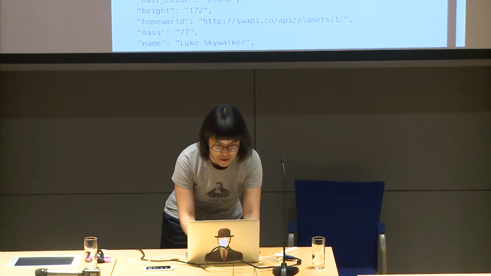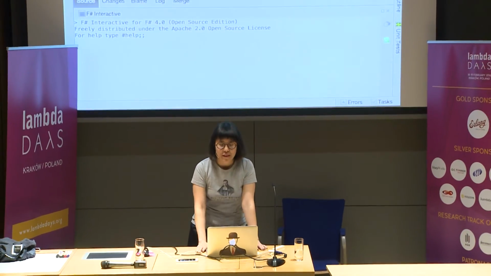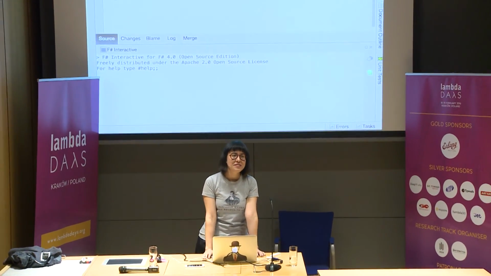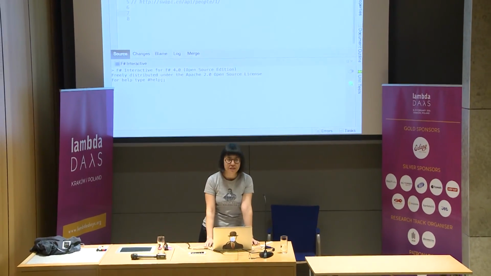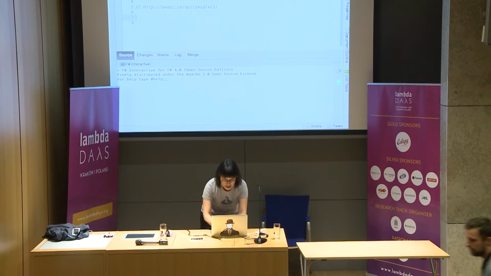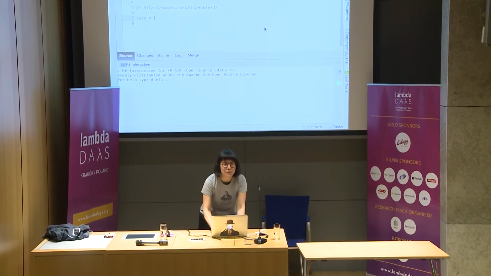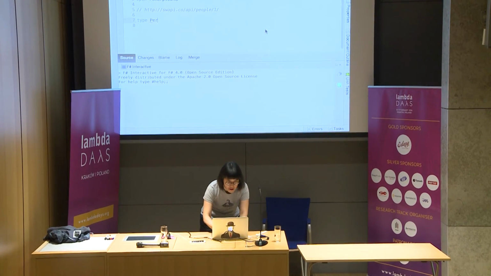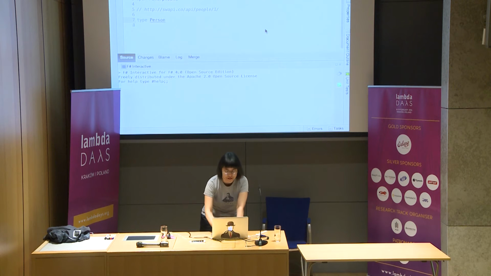So if we just copy that over, and here I'm using F# in Xamarin Studio, and I'll be using the F# JSON type provider, which is a very useful thing, as you will see. So let's just create a type using the example request they gave me on the website.